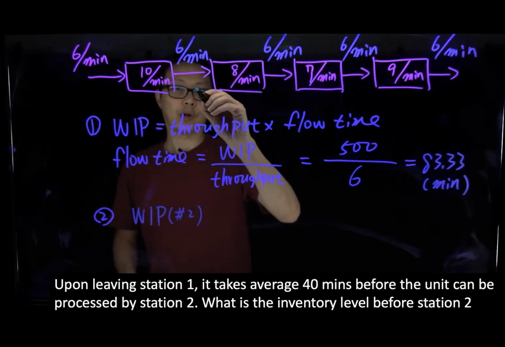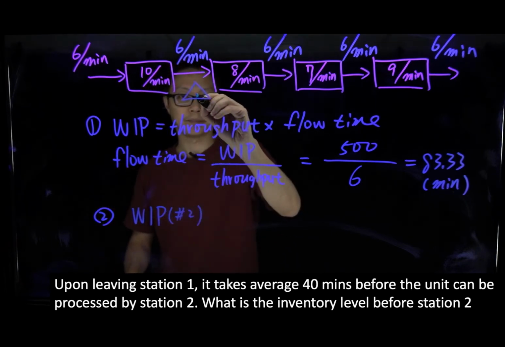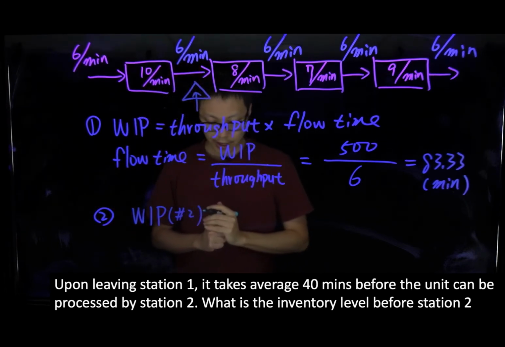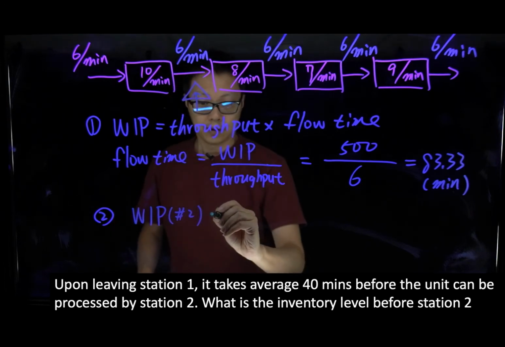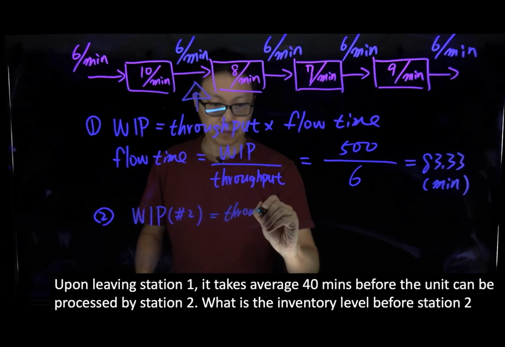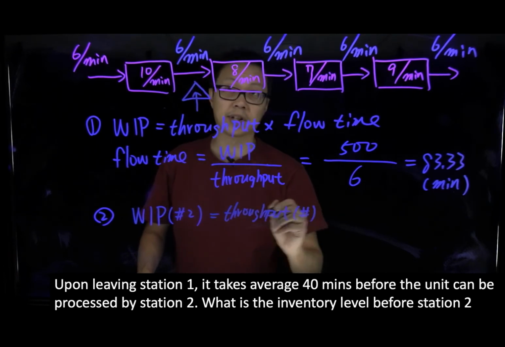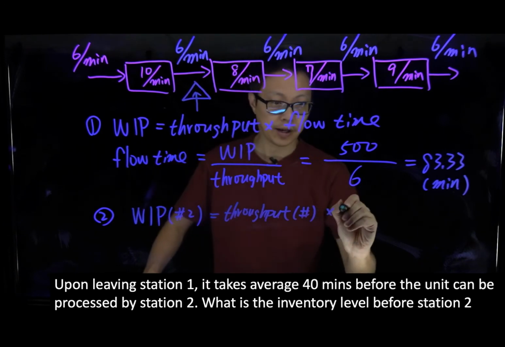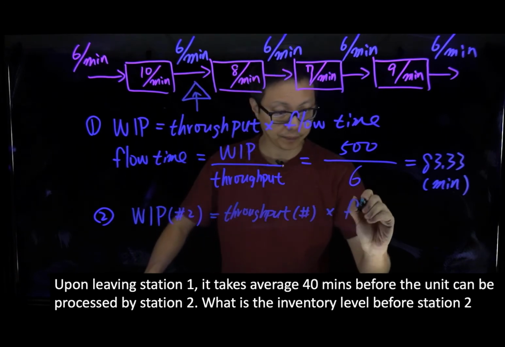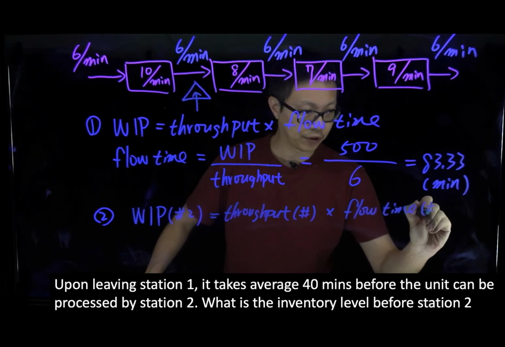We want to know how much inventory will stay right here. The formulation will still be Little's Law. It will be the throughput for station number 2 times the flow time for station number 2.